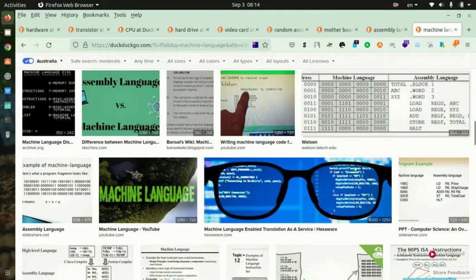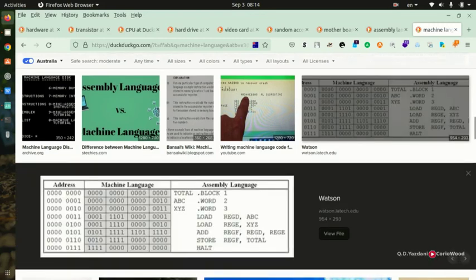This is a very good example of assembly language. If you have an address, keep in mind that 4 of these zeros and ones is called a nibble, and 8 is called a byte. So 2 nibbles make 1 byte.